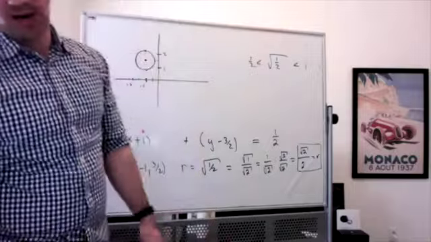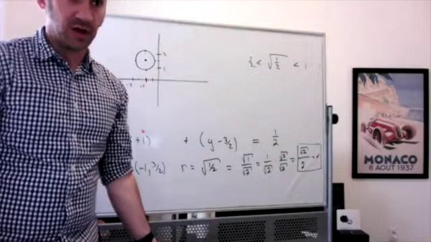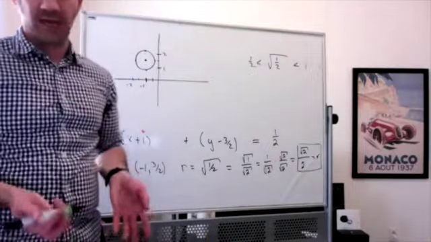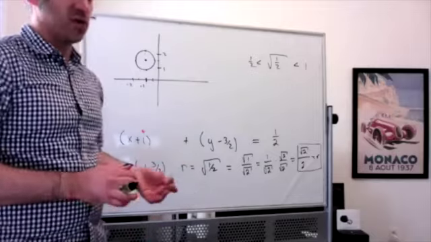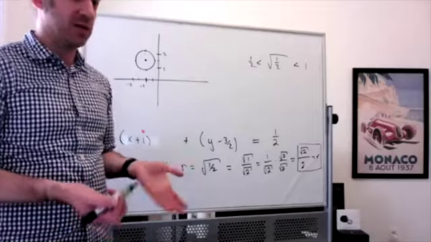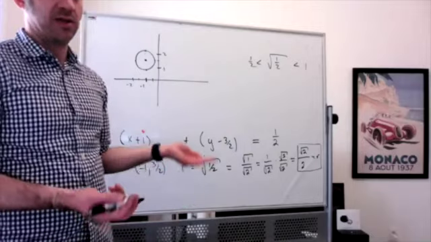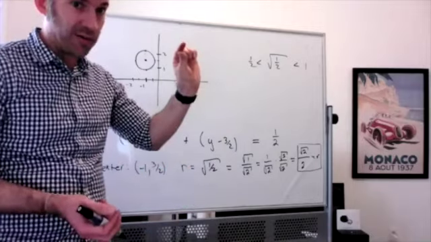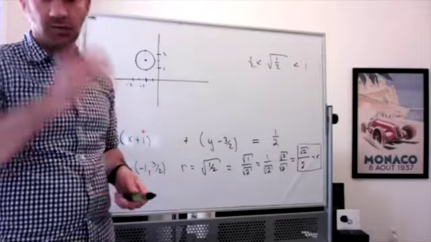But really, I just care what numbers it's between. For a different example, if my radius was the square root of 17, I would say that's a little bit bigger than the square root of 16, which is 4. So I would just go 4 and a little bit more. That's the way I would usually graph this.